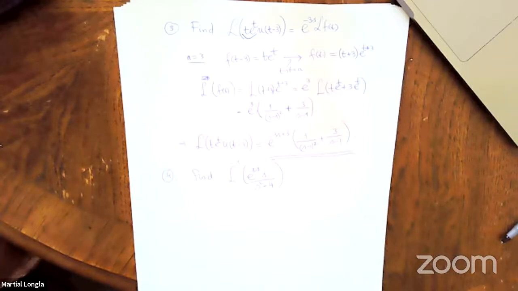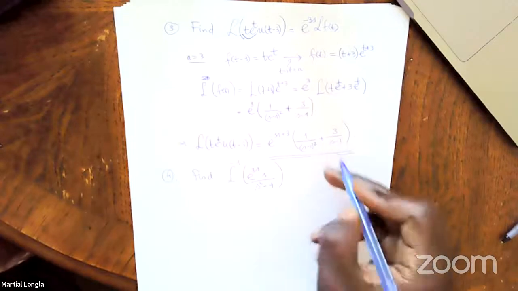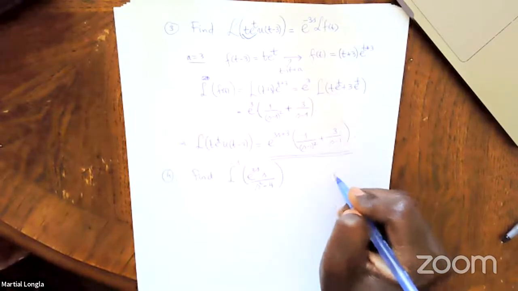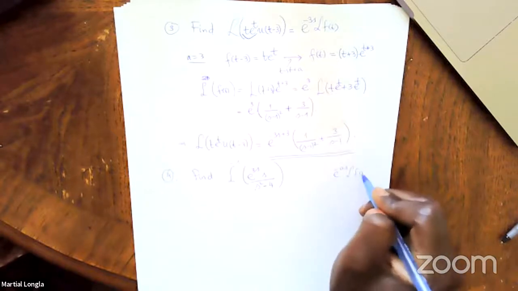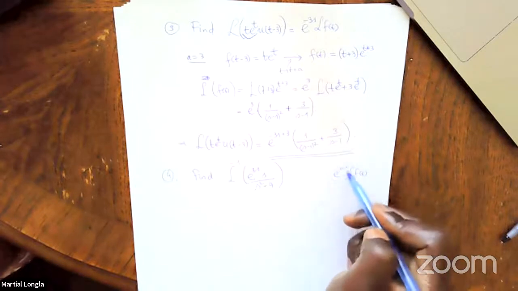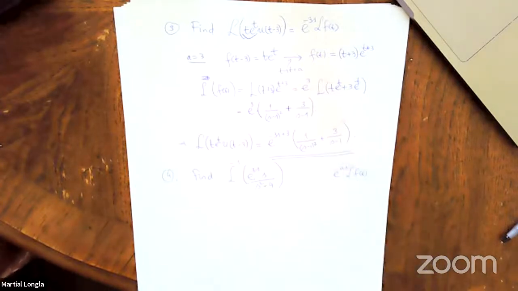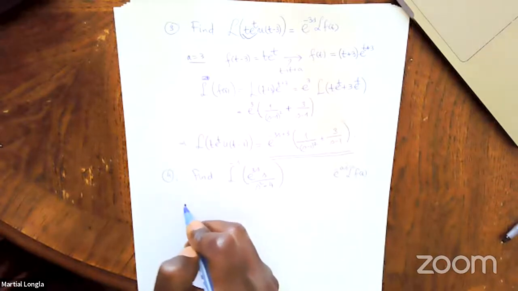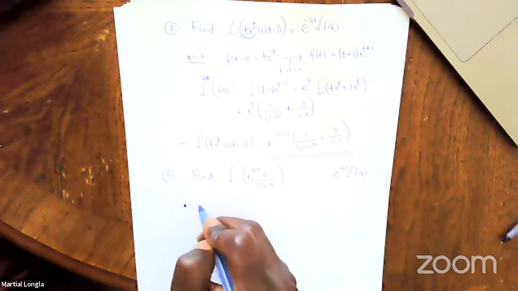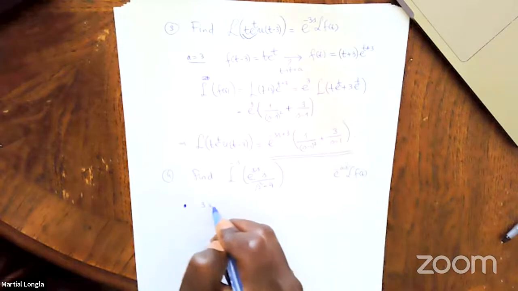And you know that in the formula of the second translation theorem, you have e to negative as times the Laplace transform of f of t. So whatever the exponential is showing is giving you a. In this problem then, in step 1, you have 3 is minus a.